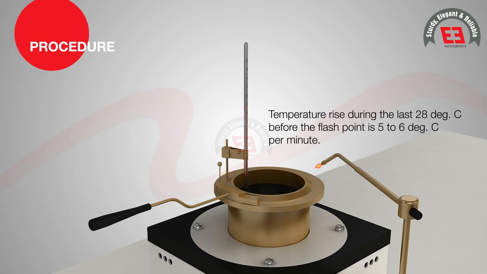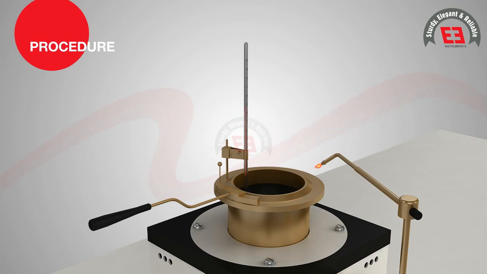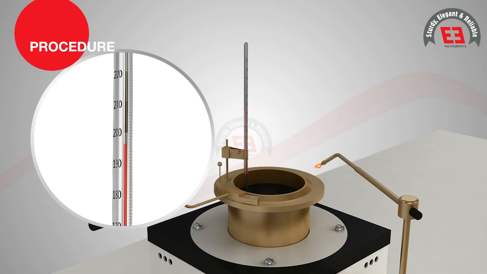Apply the test flame when the temperature of the test specimen is approximately 28 degrees Celsius below the expected flash point. Thereafter, at every rise of 2 degrees Celsius, pass the test flame across the center of the test cup at right angle to the diameter which passes through the thermometer.